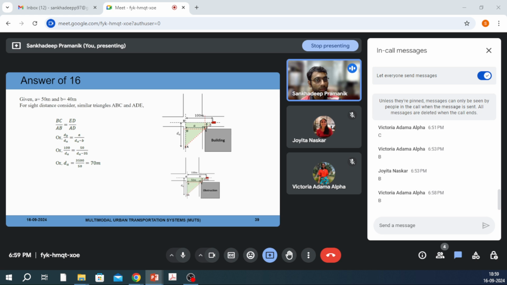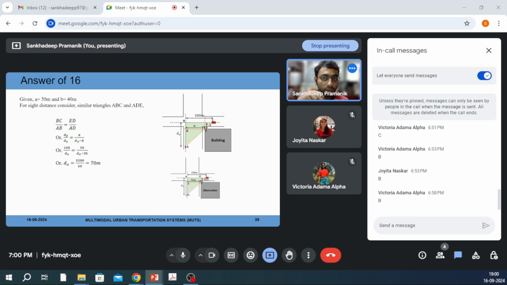Now there is a building, and because of that, if the bicycle is in this position, the car cannot be seen from that bicycle. When this bicycle approaches this point, only then can the bicycle and the car see each other, and they will reduce speed, or the bicycle will stop.